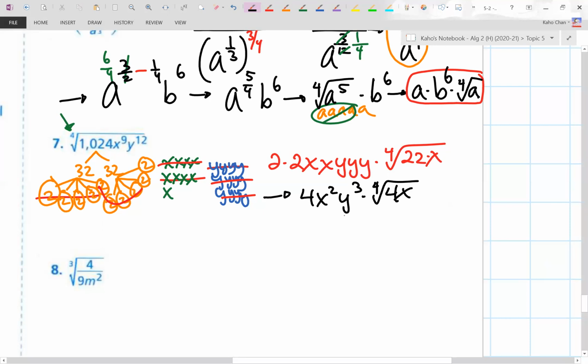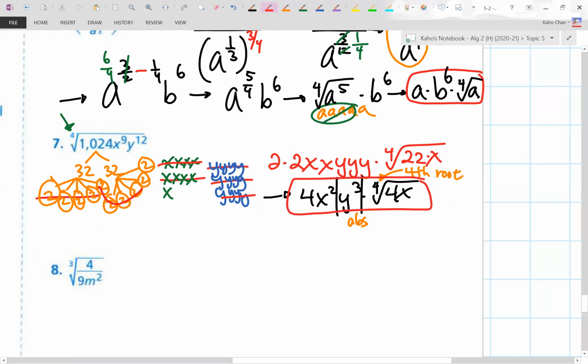However, with the second one, if y is negative, we can't fourth root negative numbers. So we have to force it to be positive like that. And ladies and gentlemen, there it is, my absolute value symbol right there to make it positive, which I had to do because of the 4th root. All right? Okay.